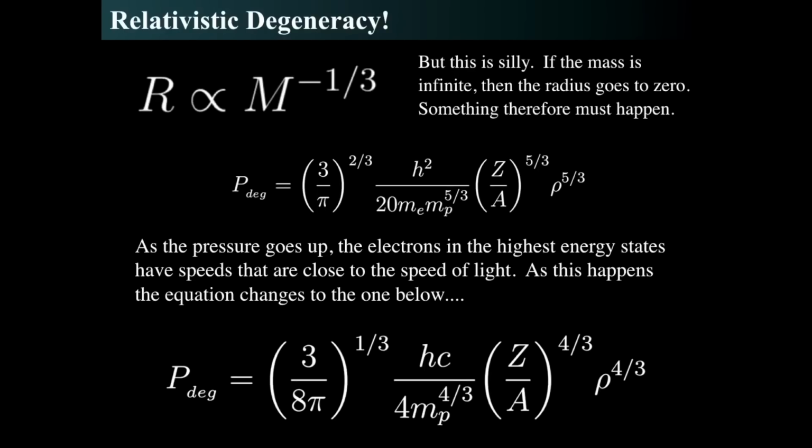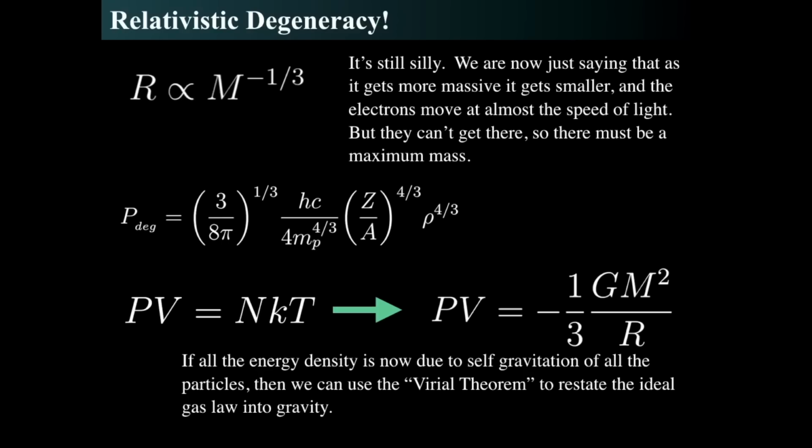So it changes as it goes from a normal degenerate gas to a relativistic degenerate gas. There's a different constant out front, but notice the mass of the electron has disappeared, because the reciprocal of the electron mass becomes very small as you get closer and closer to the speed of light. Anyway, the relativistic degeneracy then blocks this and says there must be a maximum mass.